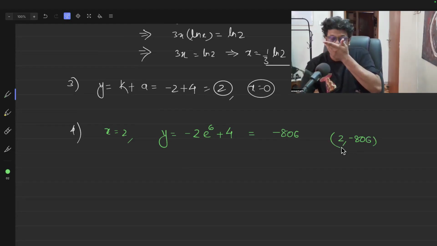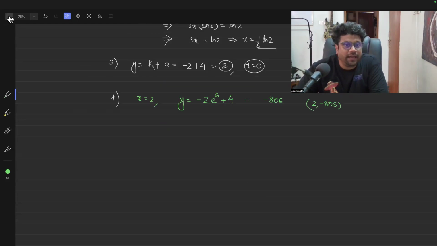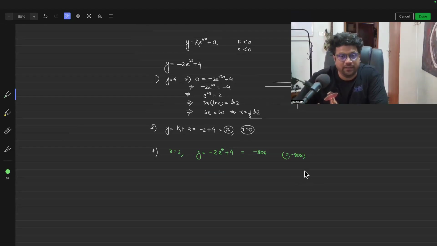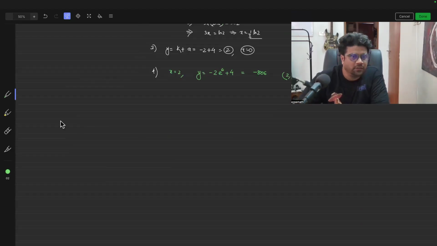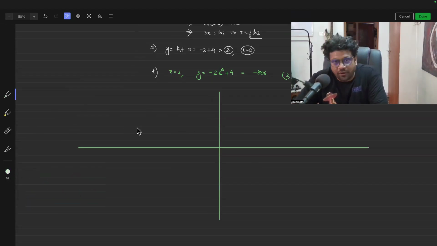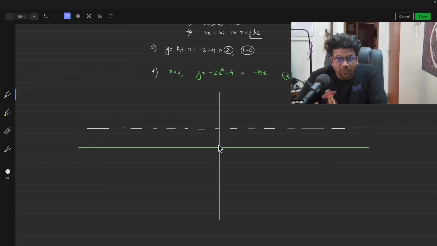How to spot that number now? So let's see. Let's locate all the points that we have and figure out what the shape would be. Let's have some space for the sketch to be drawn there. Now let's have the horizontal asymptote. It was at y equal to 4. There it is, y equal to 4. Then we have the x-intercept, which is 1 by 3 ln 2, somewhere there.